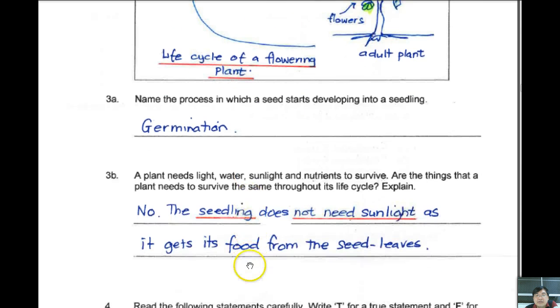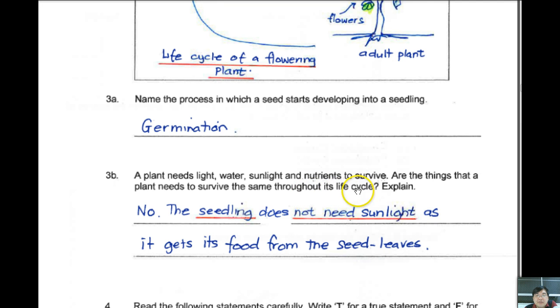Next, 3B. A plant needs light, water, sunlight, and nutrients to survive. A plant, probably they're referring to the plant as a whole, including the stage of an adult. It needs light for photosynthesis. Now, are the things that the plant needs to survive the same throughout its life cycle?